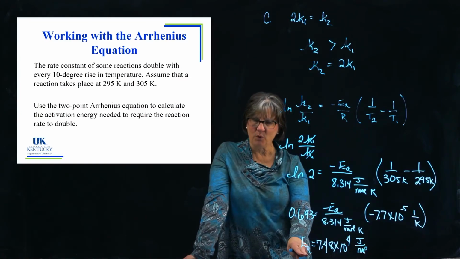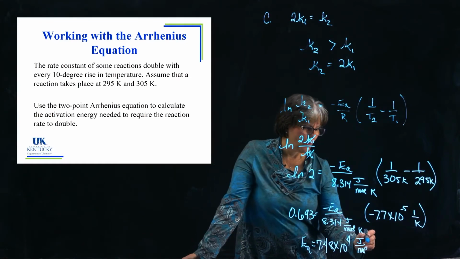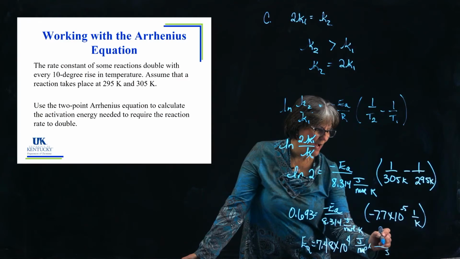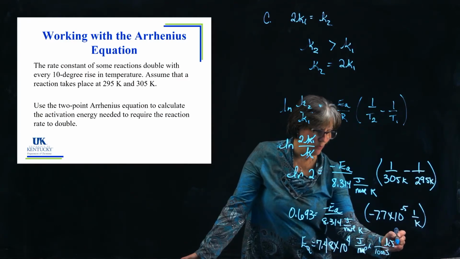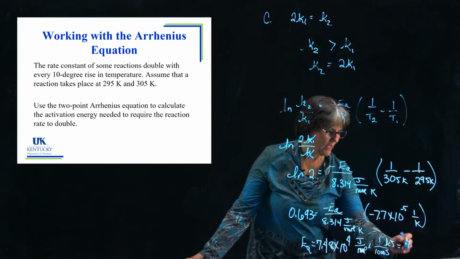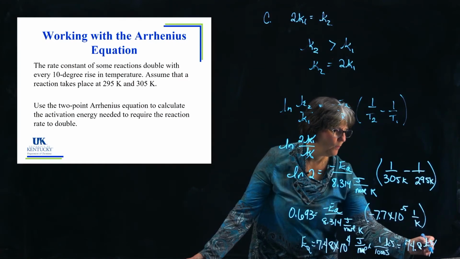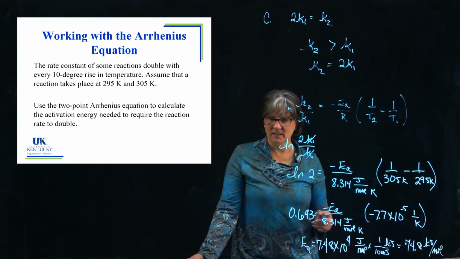Very often we report activation energy in kilojoules per mole instead. So we'd say, well, I don't want the joules, I want the kilojoules. I would divide by 1,000, and that would give me 74.8 kilojoules per mole. It is a positive number.